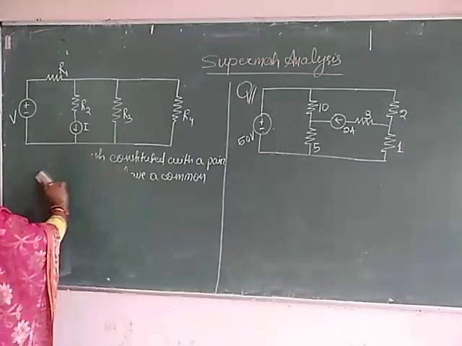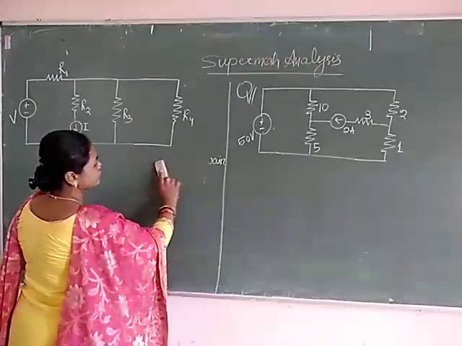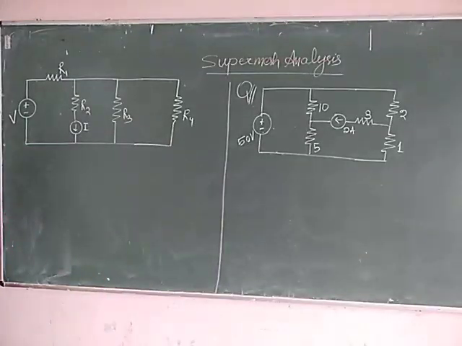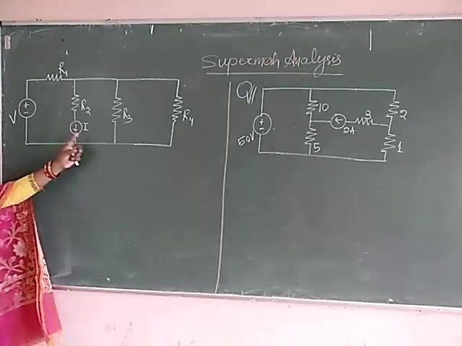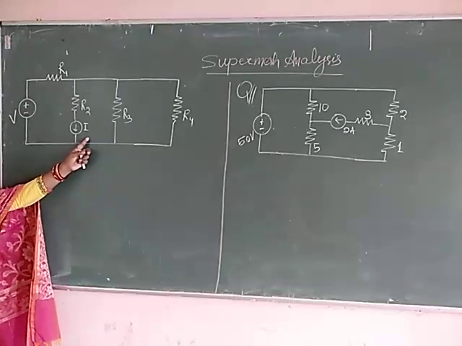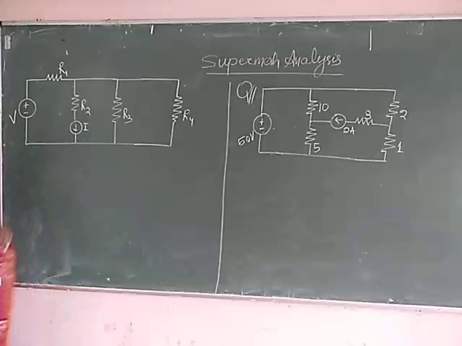If you get this type of question, how do you solve for getting circuit parameters? The same way as your mesh analysis method, here also we proceed to find circuit elements, but instead of taking these two mesh as individual, we take them as a single mesh known as super mesh.